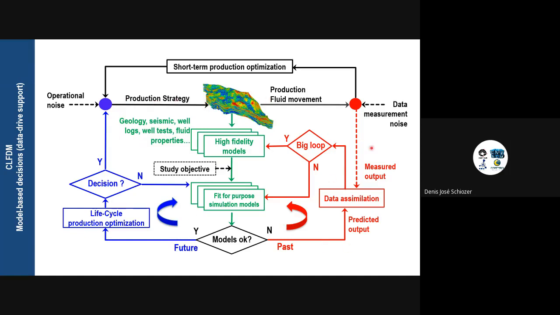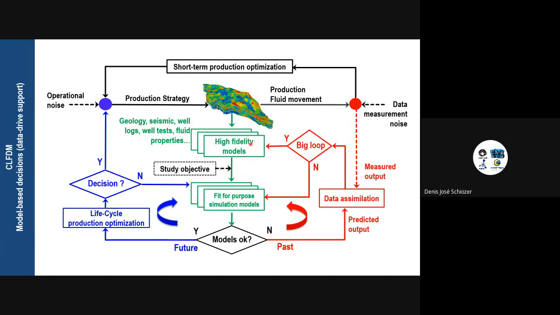If the models are not okay anymore, we're going to see this also in a class, in the course. Then I have to change the models. I can change the high fidelity models, what we call a big loop here, which is changing the geologic concepts of the reservoir, changing the images, the permeability, porosity, and so on.